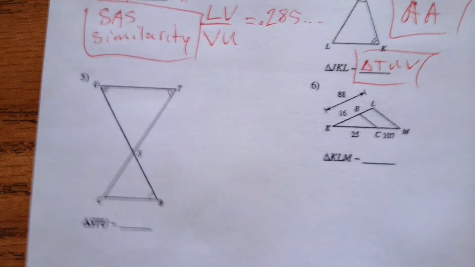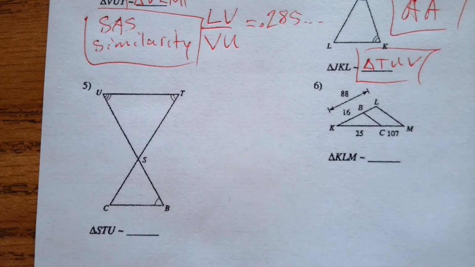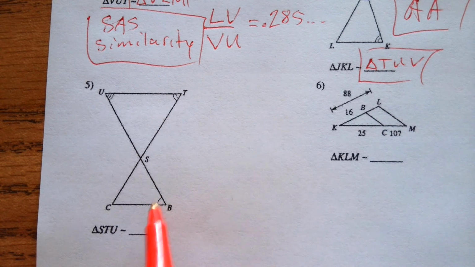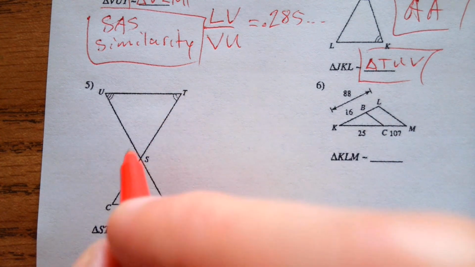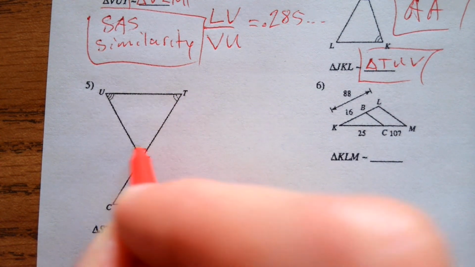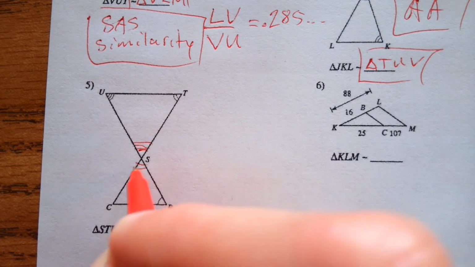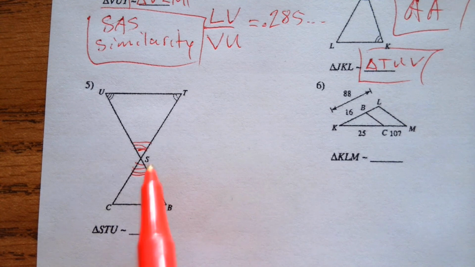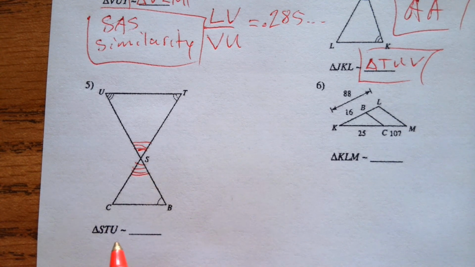Number 5. This one, if you look at it, we have angles, but it doesn't say they're congruent. Those are different markings. We don't have any angles that are congruent except for one angle congruent to one other angle in the triangles, but that's it.